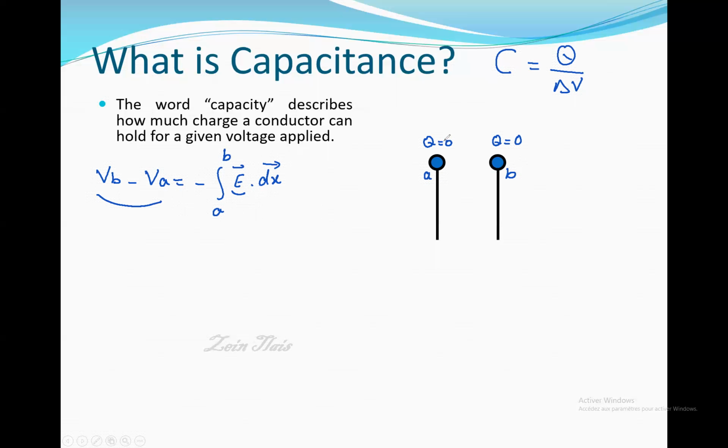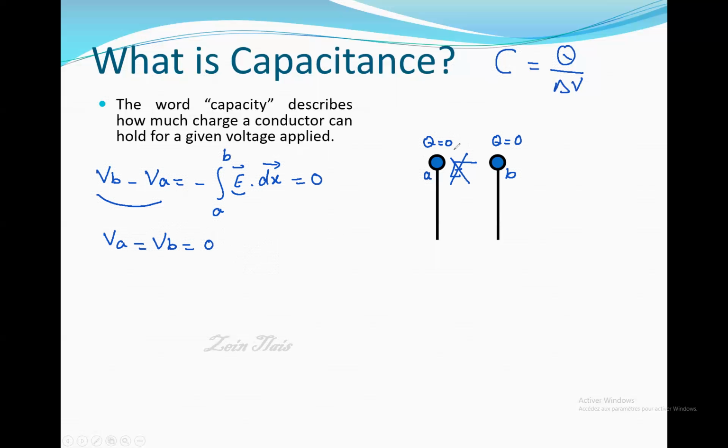As we don't have Q, we don't have a field between them, so we don't have a difference of potential. Delta V equals 0. We can say VA equals VB, or at least VA equals VB.